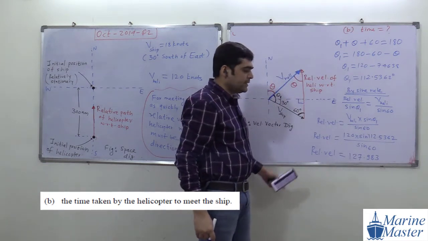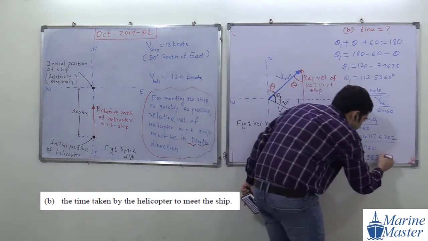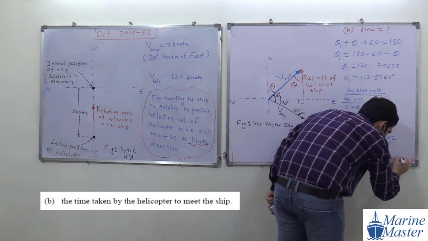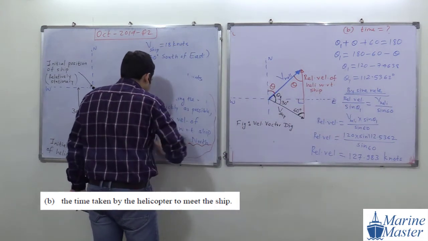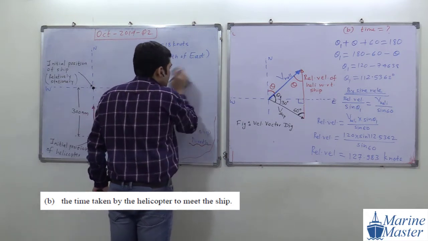What will be the unit of relative velocity? Knots. Okay, so we got the relative velocity.